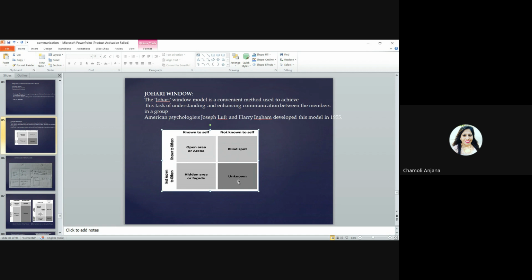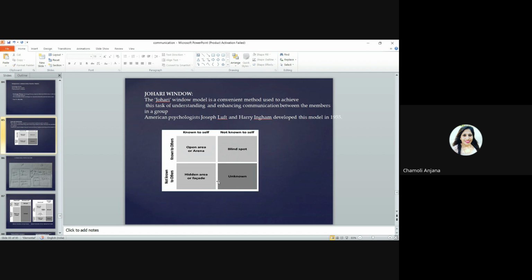I do not know. I think that I might be able to help, but I actually do not know how it will really happen because I have not experienced such a situation before, right? So that is the unknown area of the Johari window, which we are not aware of because we haven't experienced those situations so far.